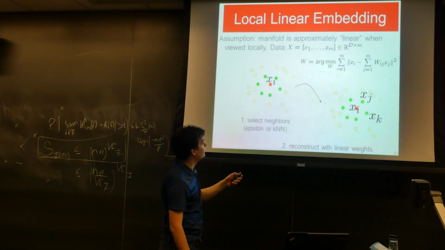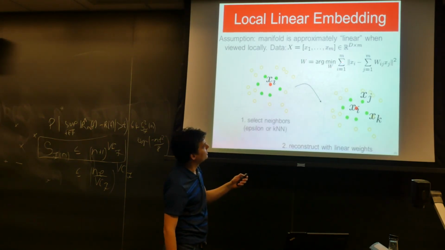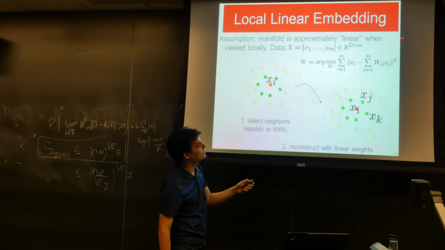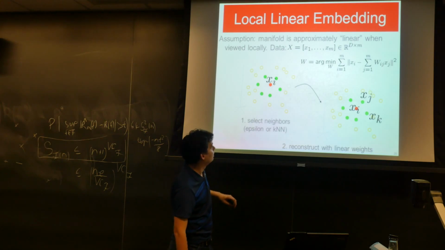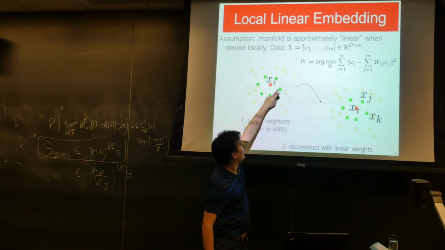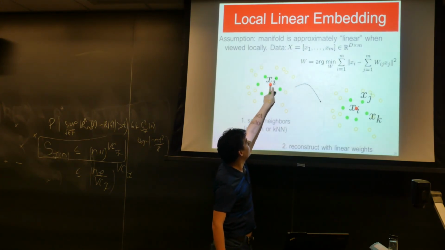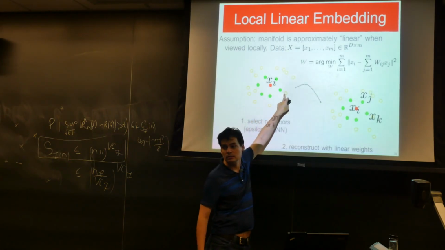What do I mean by that? I want to solve this problem: what's the W matrix that minimizes this expression? xi has to be reconstructed using its neighbors, so wij are some weights if j is a neighbor of xi and 0 otherwise.